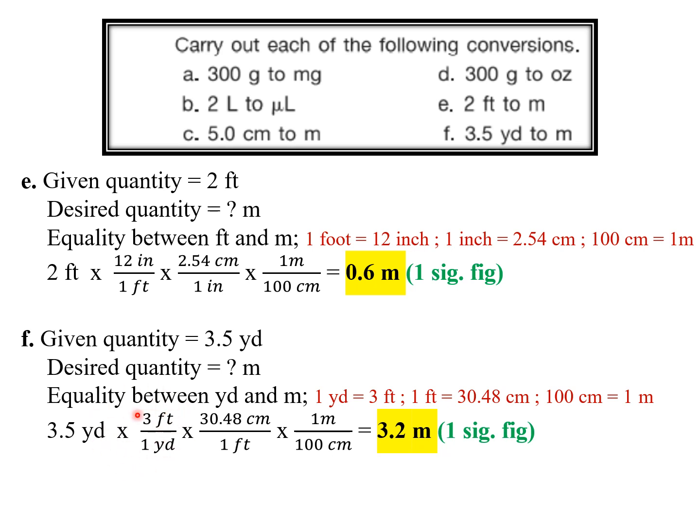So for this answer in feet, you need to select the second conversion factor using this equality. The feet should be in the denominator. Then feet cancel. The answer times 30.48 is in centimeters. Then in centimeter answer, you need to divide by 100 because 100 centimeter is 1 meter, and finally 3.2 is the answer in meters.